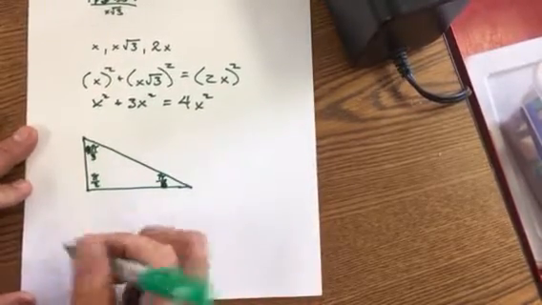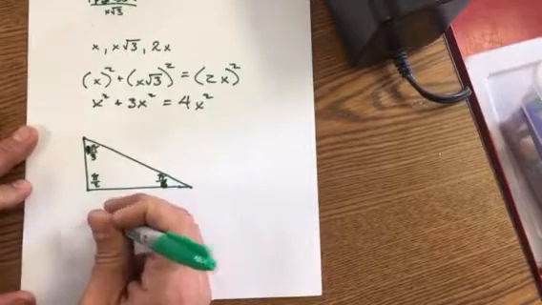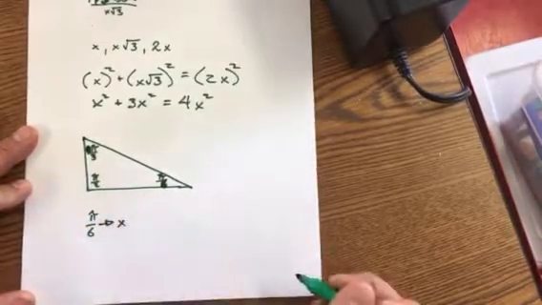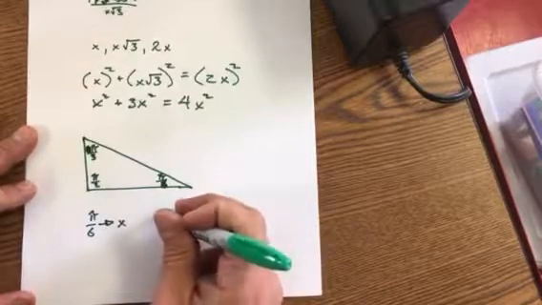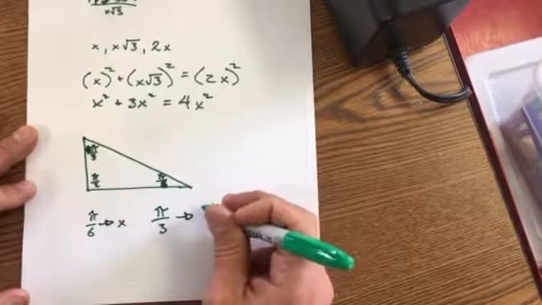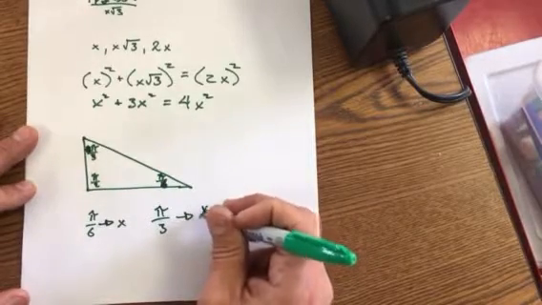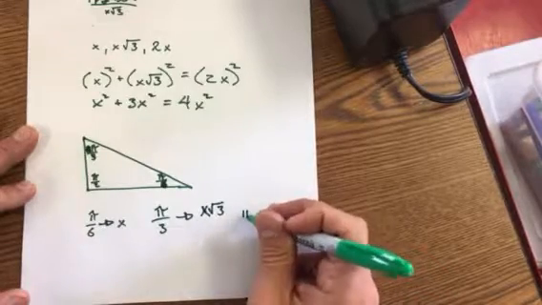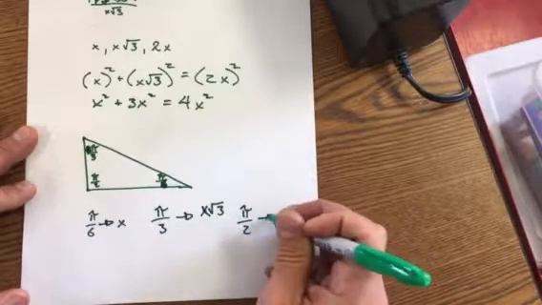But our correspondence is still the same. So the side that's across from the pi over 6 is going to be x. The side that's across from the pi over 3 is going to be x square root of 3. And the side that's across from the pi over 2 is going to be the 2x.